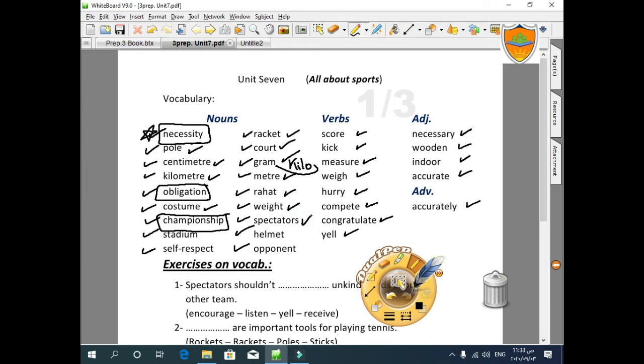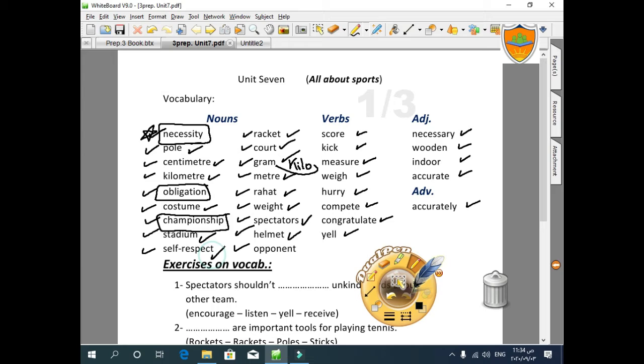Spectators, people who come to the stadium to watch a match. Stadium is the place where a match is held or played. Helmet, a piece which you wear on your head to protect it, especially in sports like cycling.